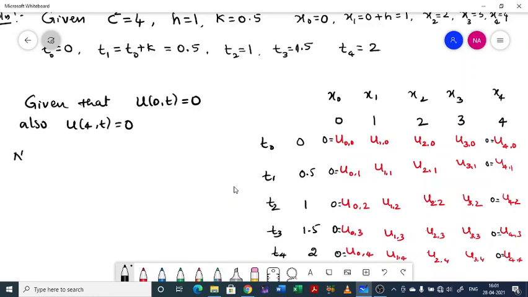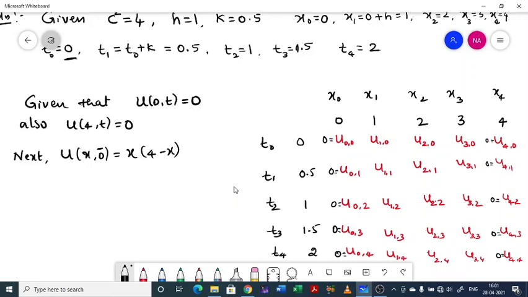Next, using the given initial condition you can write these values. Generally the function will be given: U of x comma 0 equals x into 4 minus x. Here t is fixed to 0.